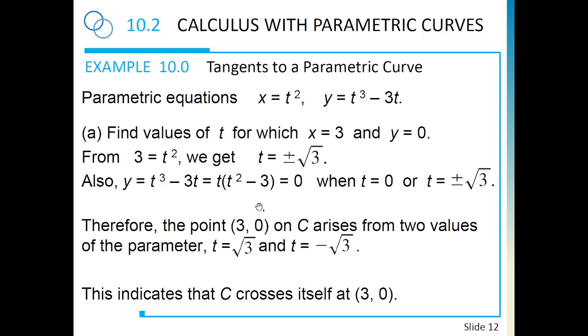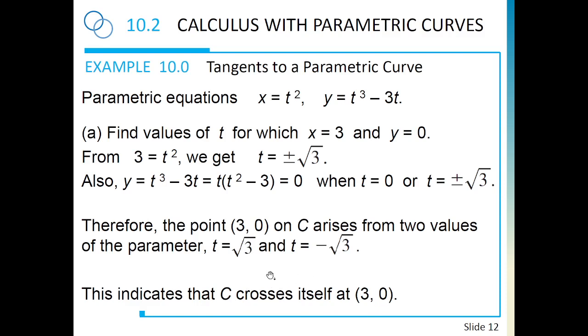Actually y is equal to 0 at t = 0, and also at t = radical 3 and minus radical 3. But the point that we need is (3, 0), so we are only focusing on the values of the parameter t at radical 3 and negative radical 3. So we are passing by the point (3, 0) only at the times radical 3 and negative radical 3.